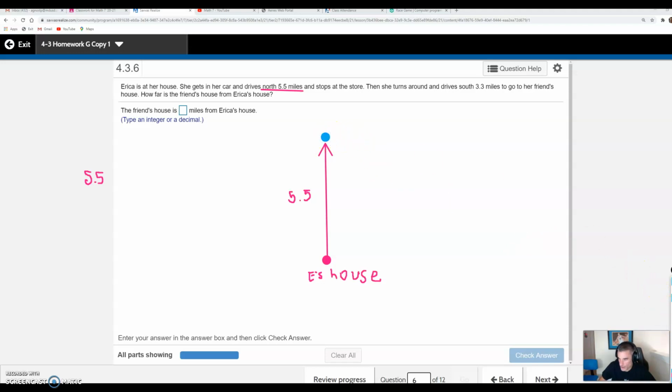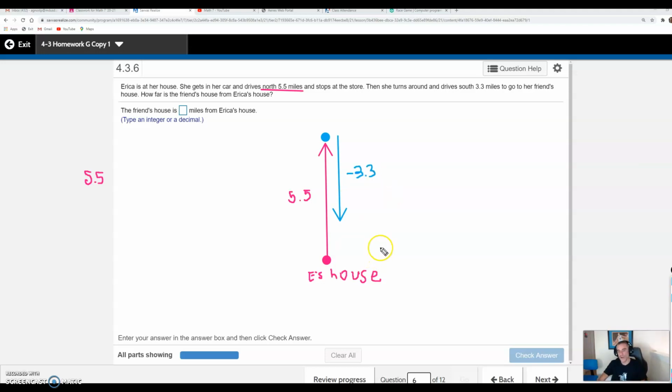Once she gets to the store, she turns around and drives back south 3.3 miles. 3.3 is more than half of 5.5, so I'll make it like that for her. Now, since I'm moving in the opposite direction, I went north and used a positive number. Since I'm going south, I'm going to use a negative 3.3 to represent this distance because I'm going in the opposite direction.